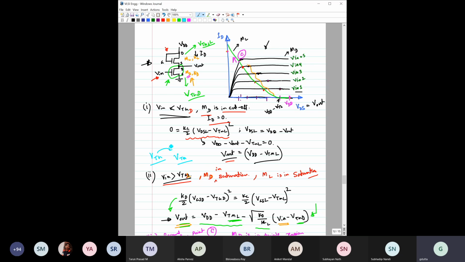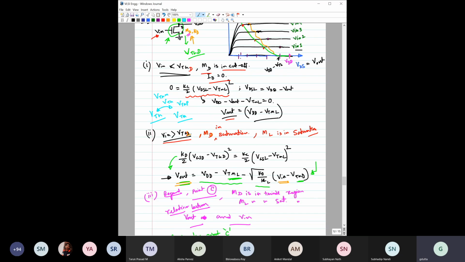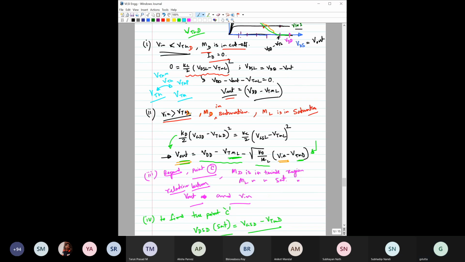Please stick to any one, either VTN or VTH. I think it is better to stick with VTH only, because generally we write VTH for NMOS and VTHP for PMOS. Okay, sorry for the confusion. So is this part clear now?